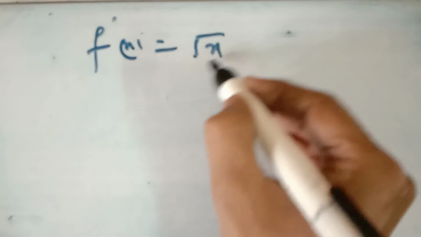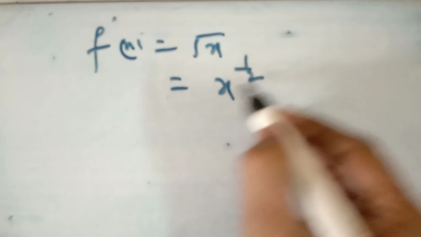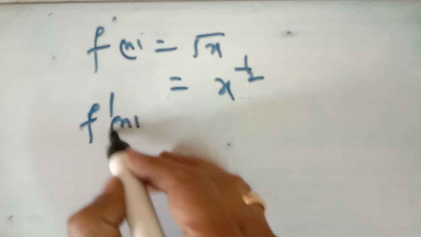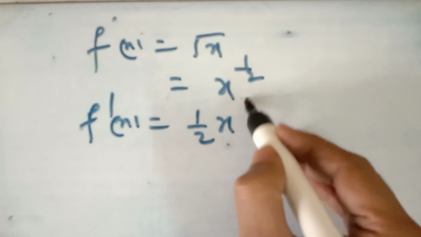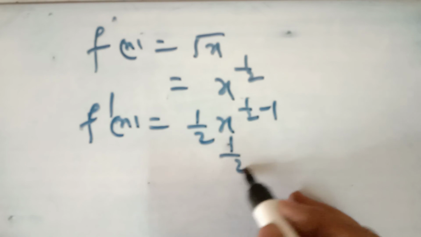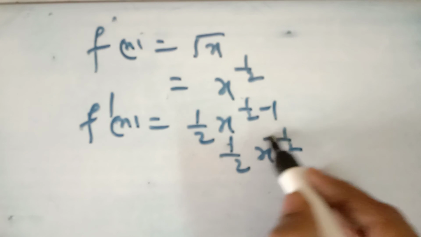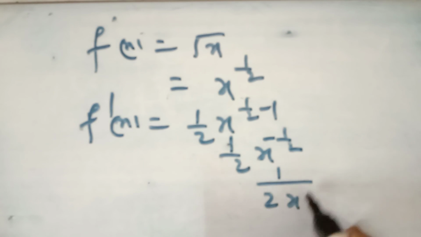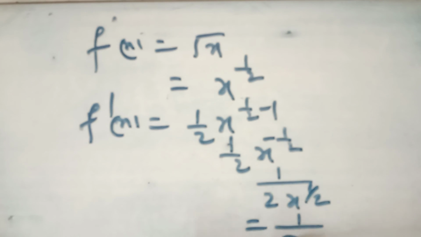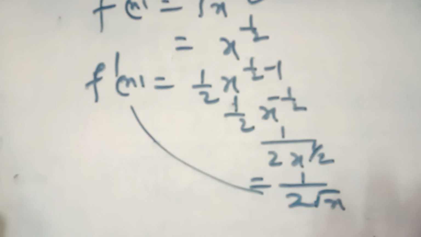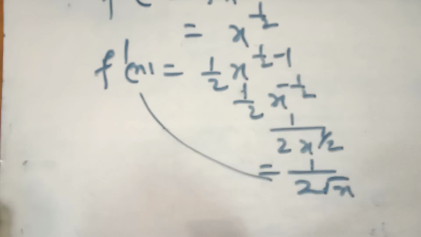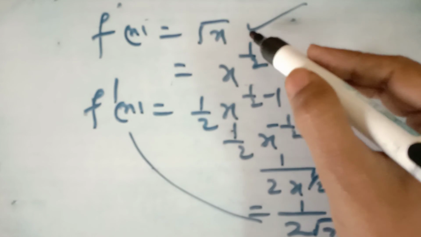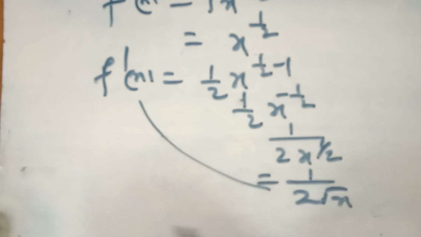Suppose you have to find the derivative of root x. For root x you can write x to the power half. So its derivative will be n x to the power n minus 1, that is half x to the power half minus 1, so 1 upon 2 x to the power half. So the derivative of root x is 1 upon 2 root x. You should learn the derivative of root x because it will be needed many times.